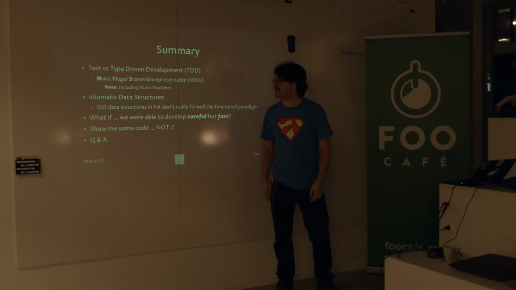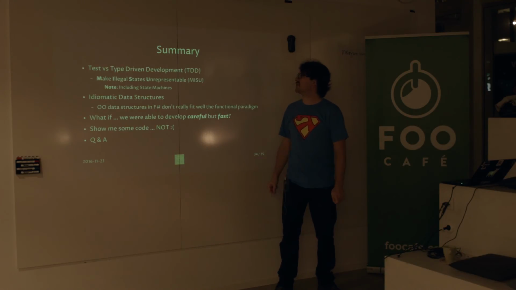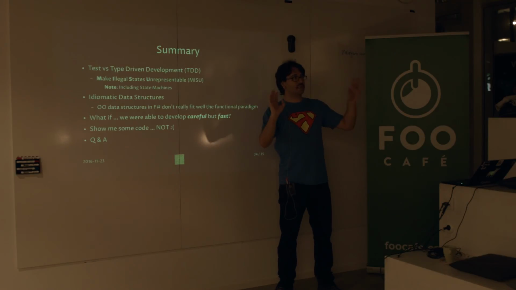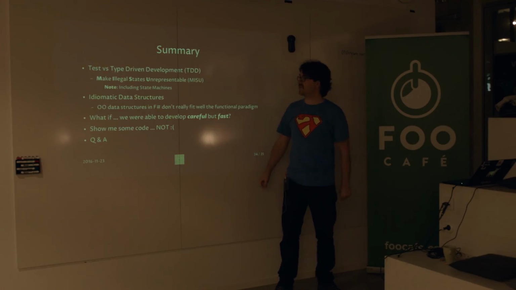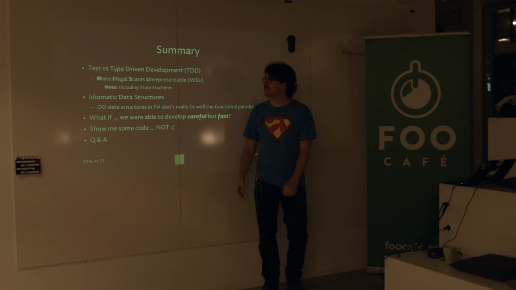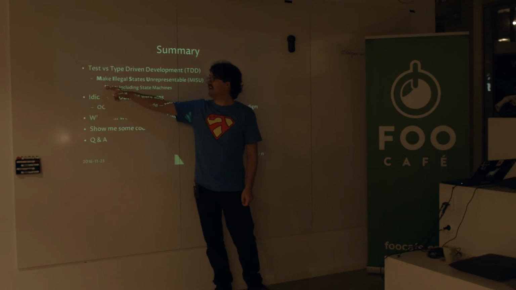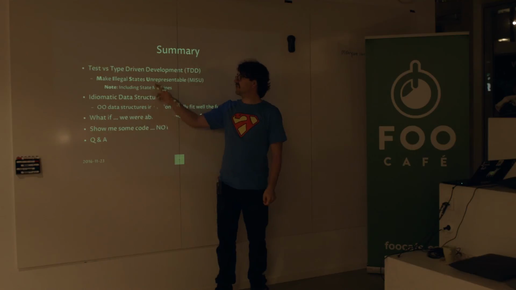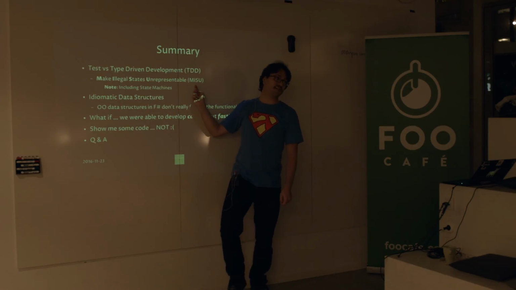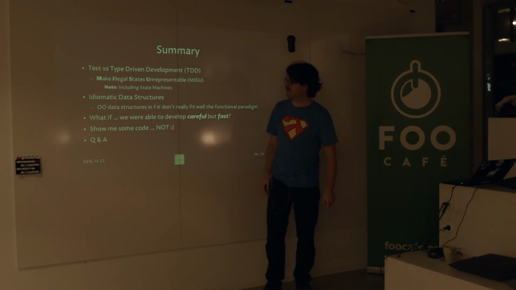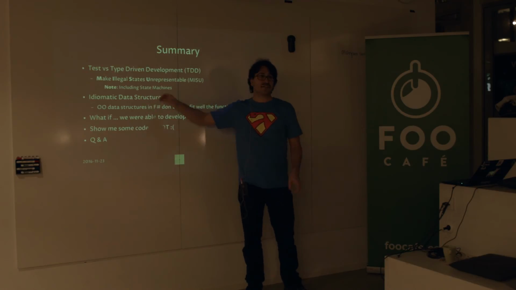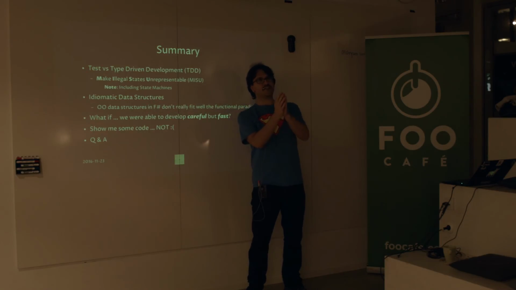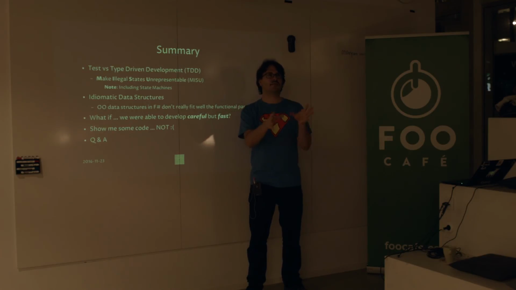Just to summarize, and then we go into some Q&A and probably some beers and pizza. I wanted to show this test versus type or domain-driven development, and making illegal states unrepresentable. Now you know what the second part of my company is about. State machines: I showed how we can go very, very deep, but you have to think very carefully in doing this.